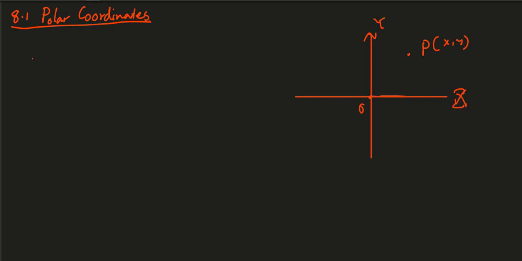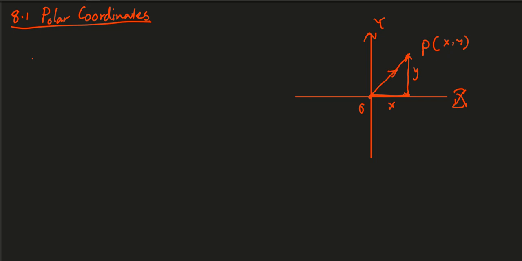We can go along the x-axis x units, sorry, this is the x unit, and then from here we can go in the y direction y units. Then we can get to this point. The other way, we can start from here and go directly to that point.